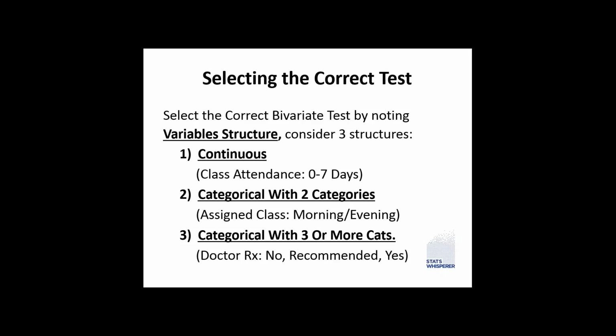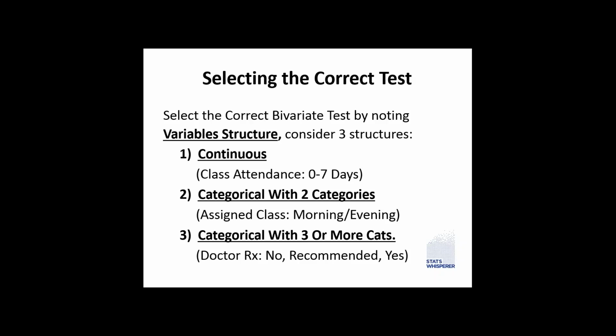Now, selecting the correct statistical test for the bivariate analysis is rather straightforward and simple, or we're going to make it that way anyway, right? So we have to consider 3 structures. 1, continuous, which we all know, it goes up and down, meaning there's a lesser or greater presence, such as how many days did you attend, 0 to 7.